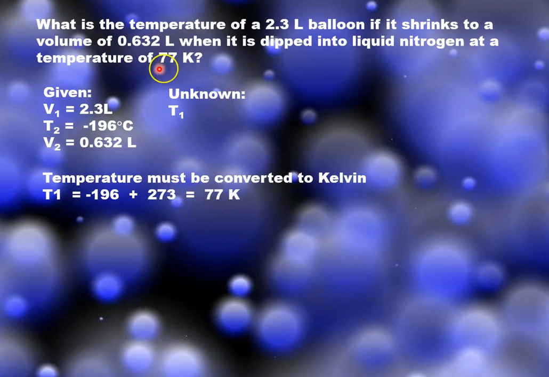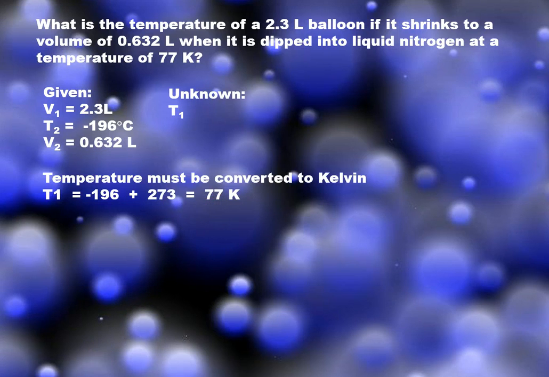Oh, you know what? I didn't change that in the problem. I left it at 77 Kelvin instead of changing it to negative 196 because I wanted you to make that temperature change. But it's a good thing to note that if you were given the temperature in Celsius, you have to add 273 to get the temperature in Kelvin.